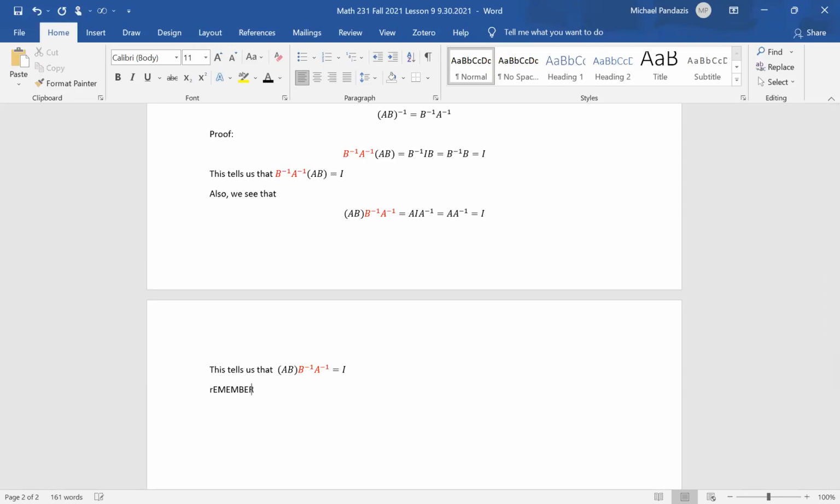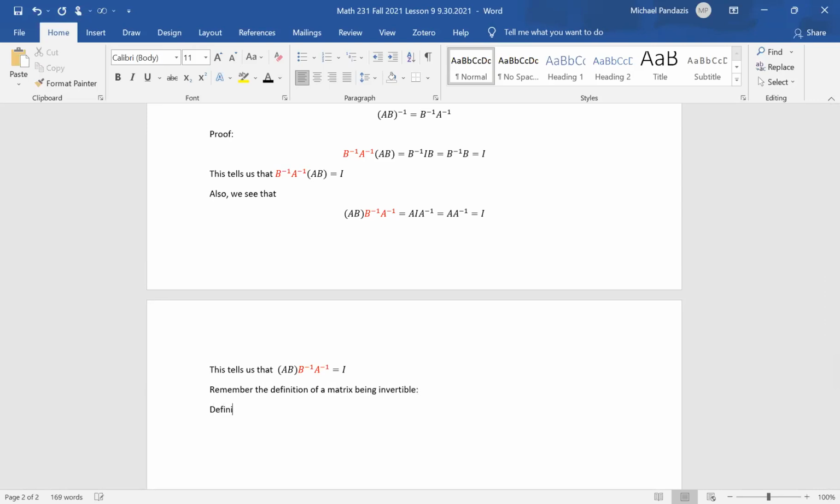Remember the definition of an inverse, of a matrix being invertible.